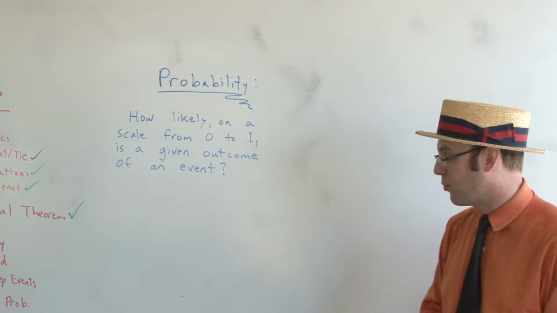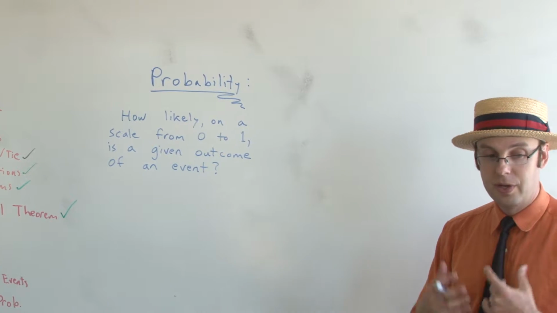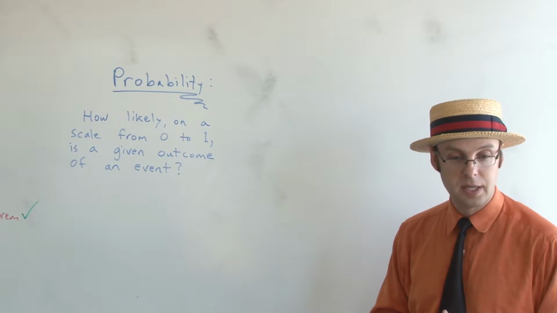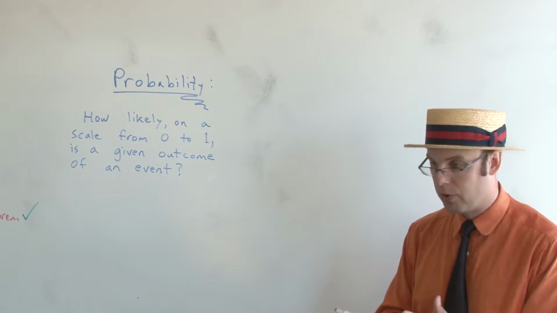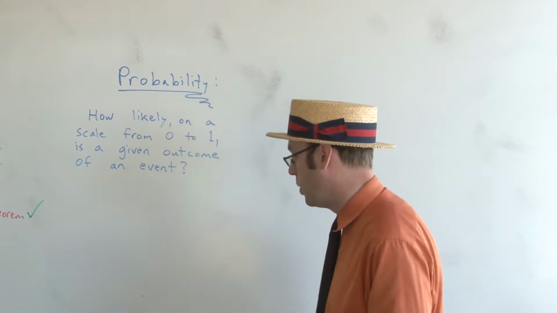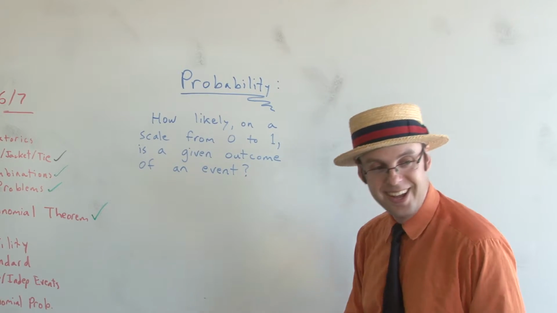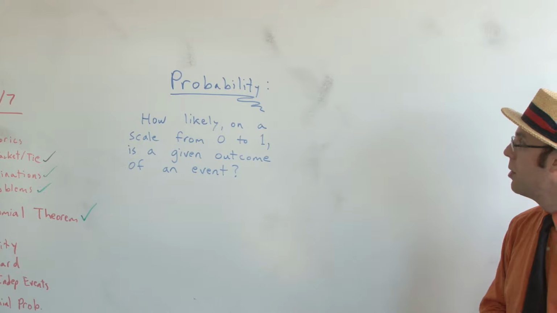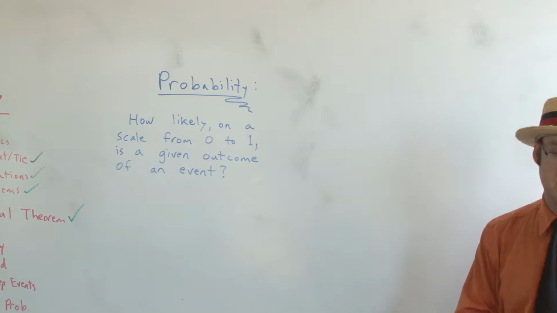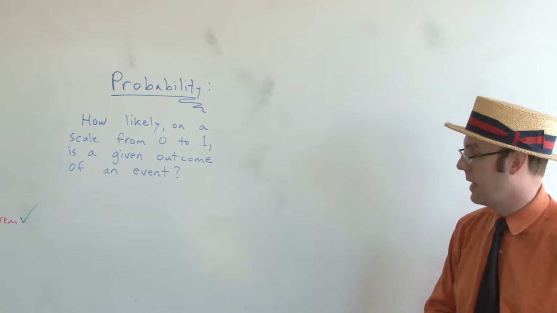If you wanted to really go into it, you could do some cool things in terms of figuring out how the world works on a quantum level. We're not going to be looking at that today. We're just going to be looking at normal old probability, rolling dice, and picking cards, and all that kind of good stuff.